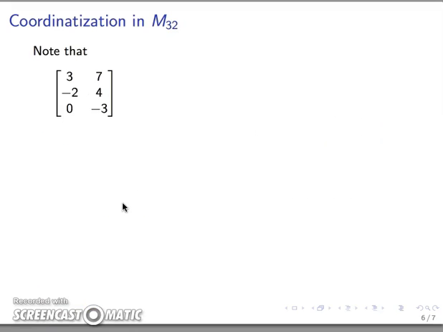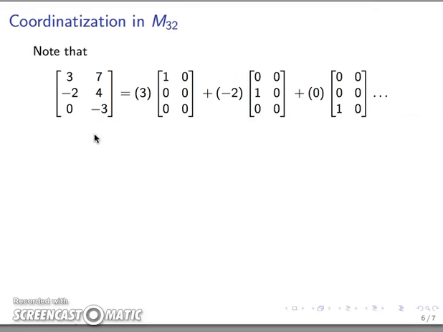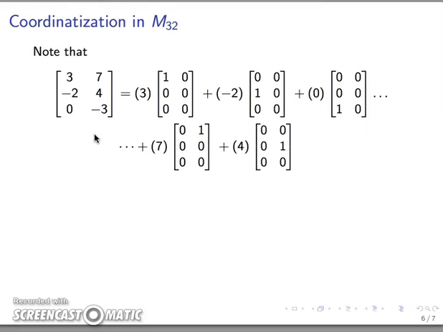Let's now express one of the members of that set, this matrix, as a linear combination of some other elements of that other set.